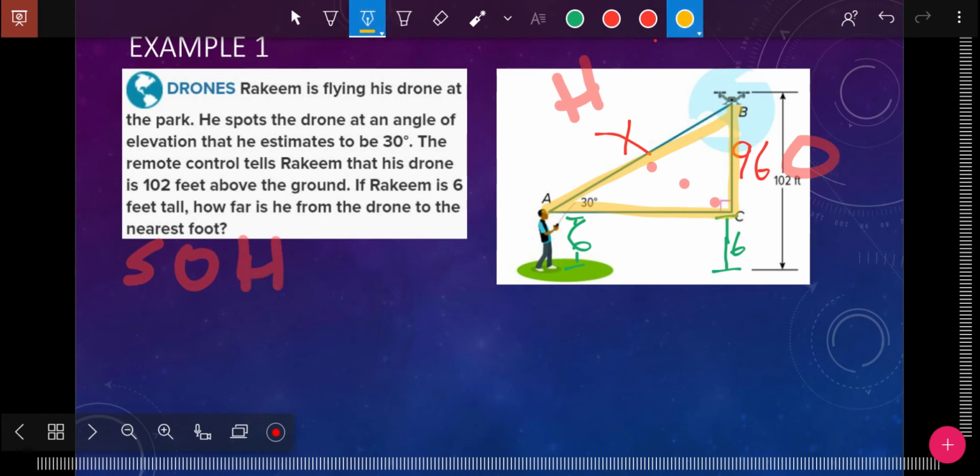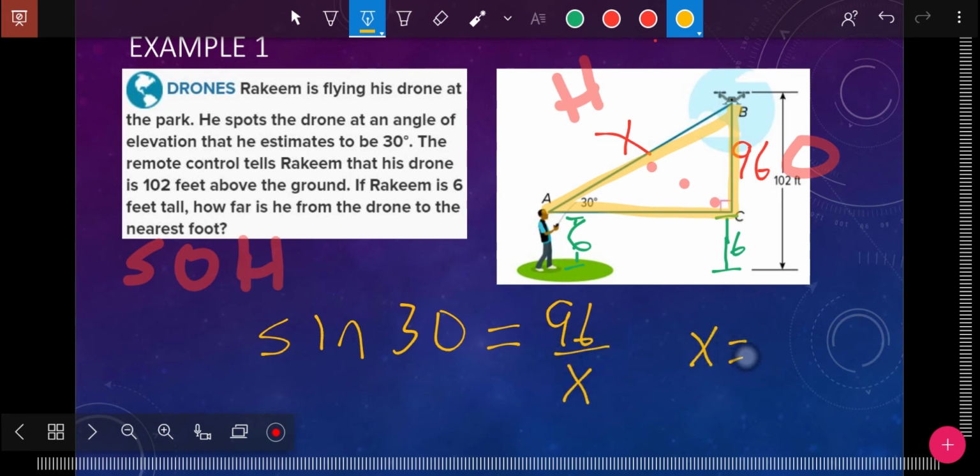And so now I go to work. Sine of 30 equals opposite over hypotenuse. Right? I end up getting x equals 96 divided by sine of 30. And then I have to go to my calculator.